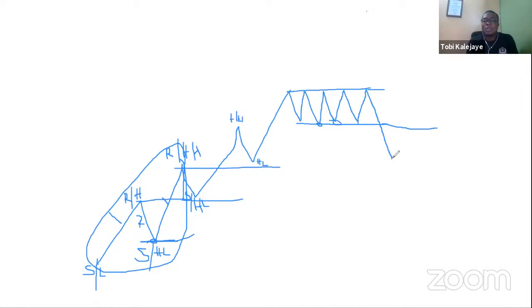You expect that this is now a sell impulse. Then there would be a retracement. The retracement will definitely come back to this level. Then from this level you have another impulse. And once you have this, you confirm that you are now in a downtrend.